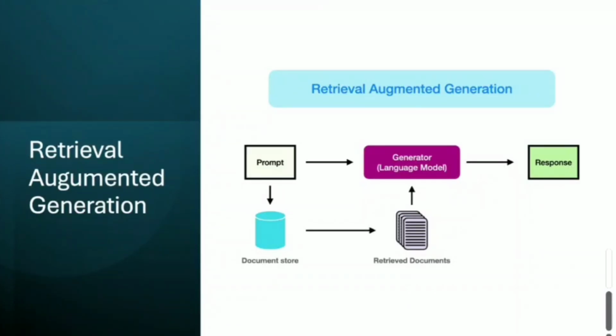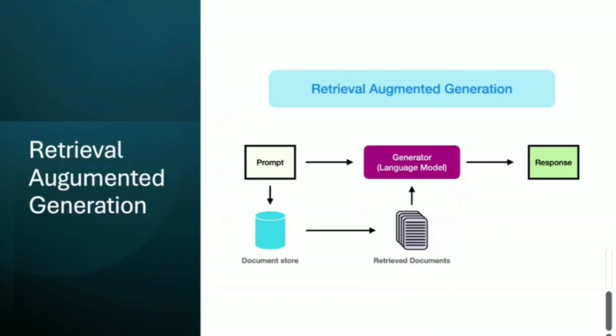Here I've shown it as a document store, but this is actually a vector database. So the vector database analyzes the data in multiple dimensions and it is able to identify similar terms. Like I've mentioned, a queen is similar to a woman. It's also similar to a girl. It's also similar to a rich person in multiple dimensions.